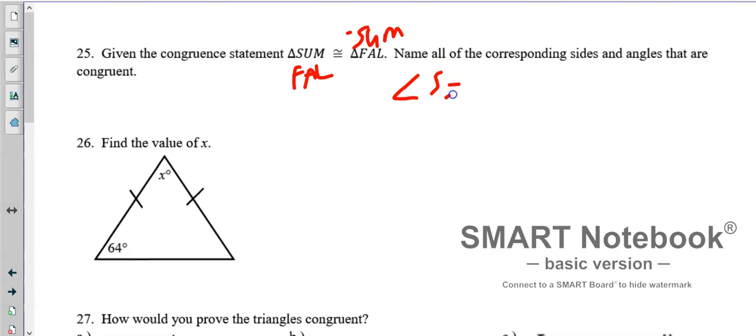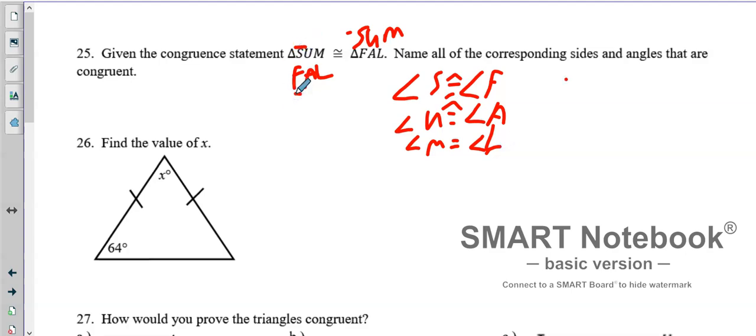Angle S is congruent to angle F. Angle U is congruent to angle A. And angle M is congruent to angle L. Then SU, FA.